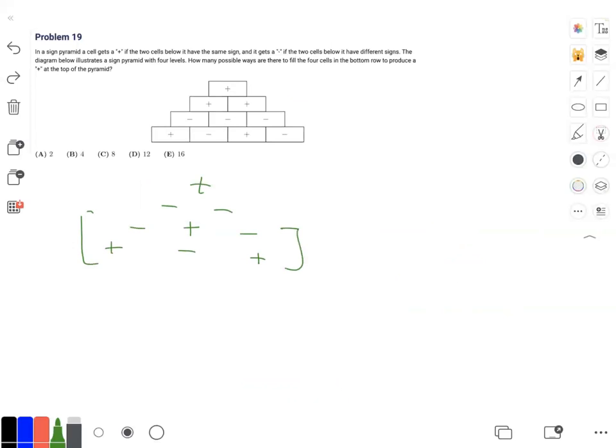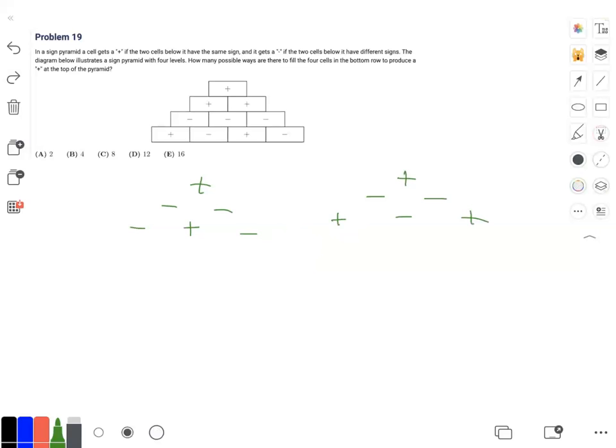So this is one case, and then plus, minus, minus, minus, or plus, minus, plus, minus, plus is the other case. Okay, so now for the final 4th row, we want to have this the same sign.